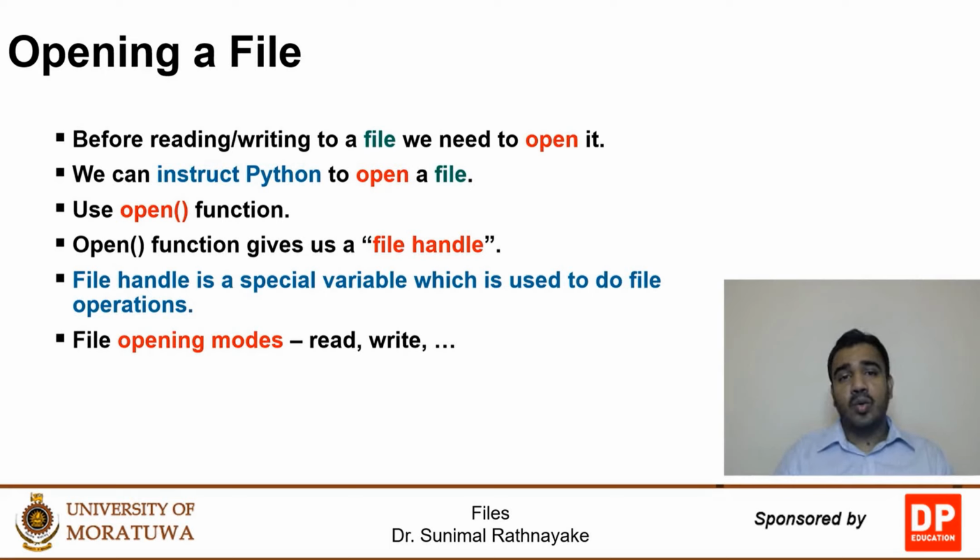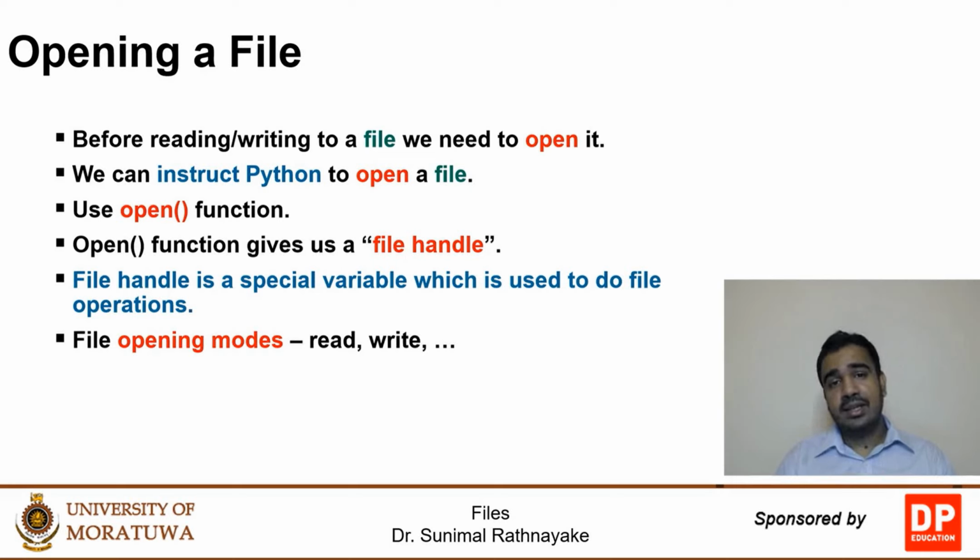Before reading or writing to a file, we need to open the required file. To facilitate opening files, Python provides us with a function named open. The open function opens the required file and provides us with a special pointer called a file handle.